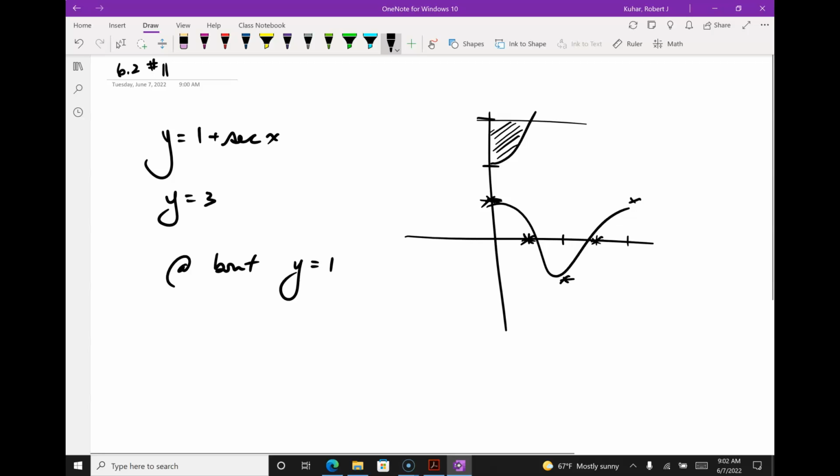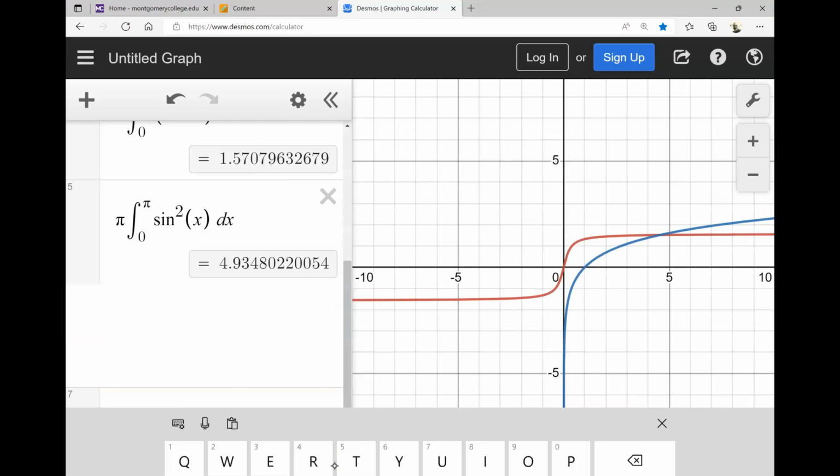So I'm cheating that a little bit, right? You understand? I drew the cosine curve to get my secant curve, and then I added 1 to it to move it up, right? And then I've got that line y equals 3, so it's cutting off a piece of my secant. I'm going to do it on Desmos just so you see it, okay?